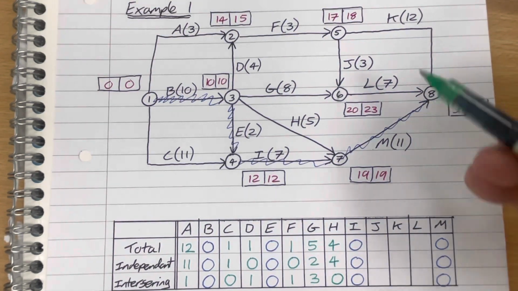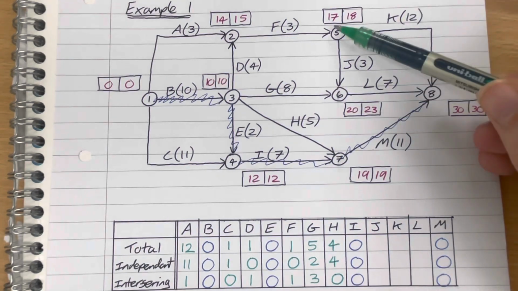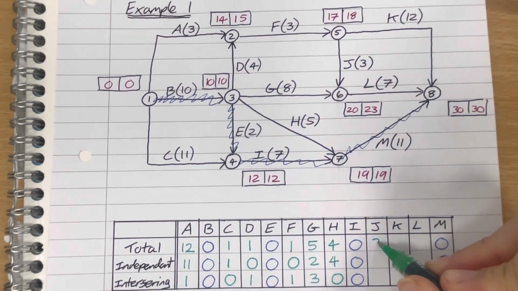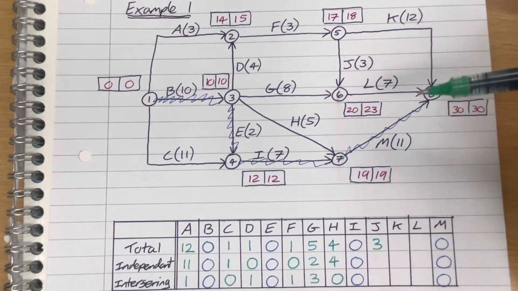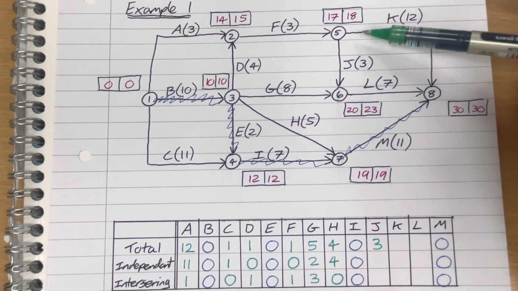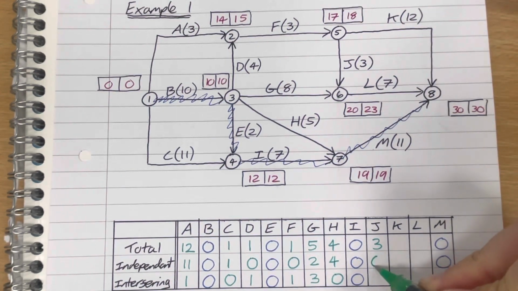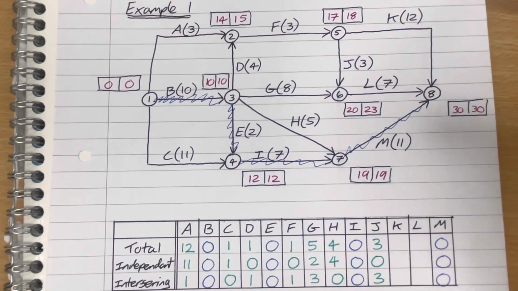3 left to go. Activity J, 23 minus 17 is 6, minus 3 is 3, so its total float is 3. The independent float is 20 minus 18 minus 3, that's minus 1, but we can't have negative, so therefore 0, which means all of its float is interfering. K, 30 minus 17 is 13, minus 12 is 1.